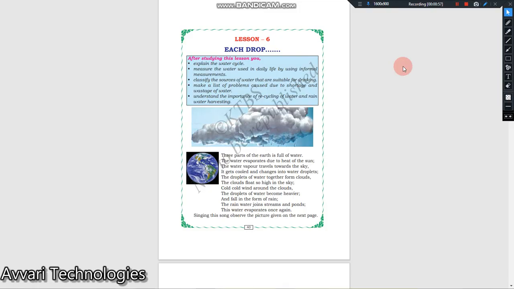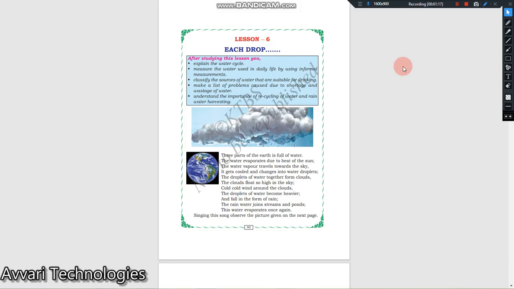Three parts of the earth is full of water. The water evaporates due to heat of the sun. The water vapor travels towards the sky. It gets cooled and changes into water droplets. The droplets of water together form clouds.